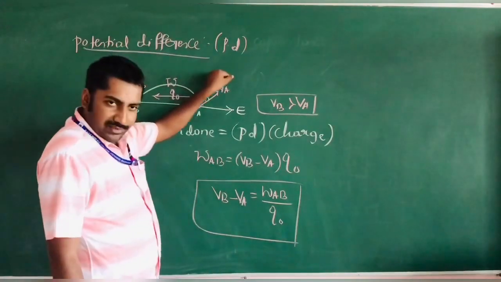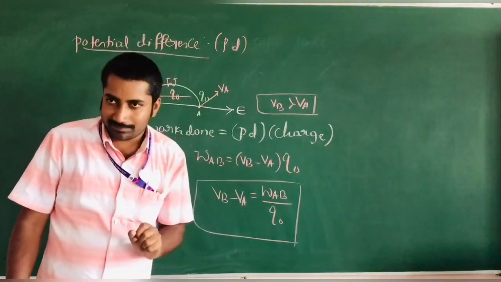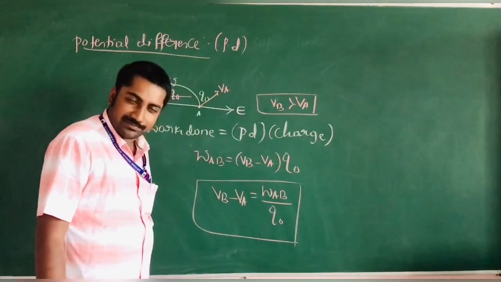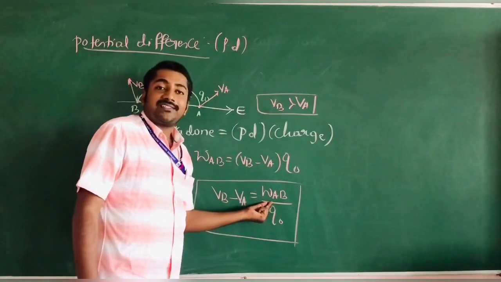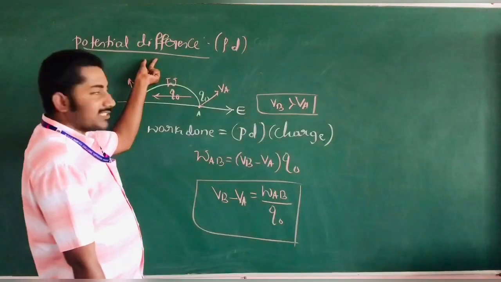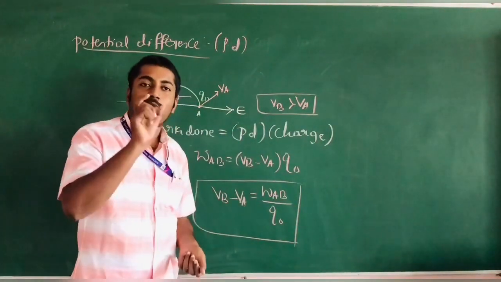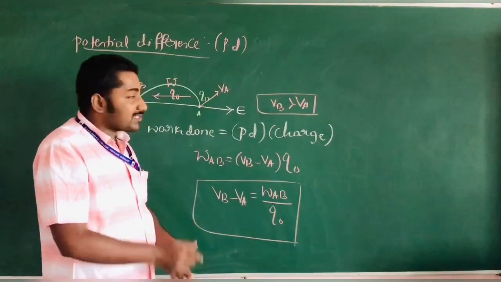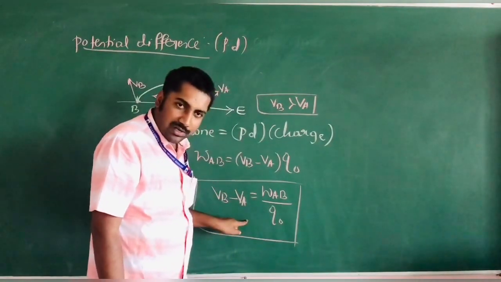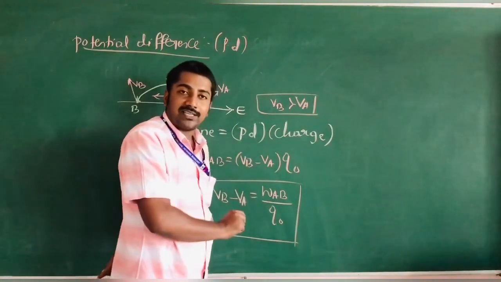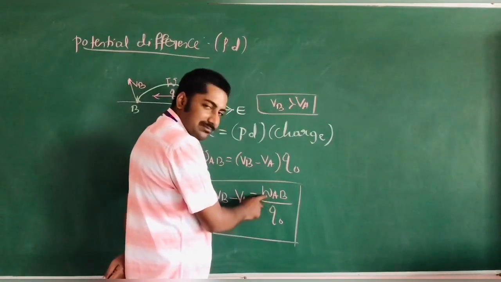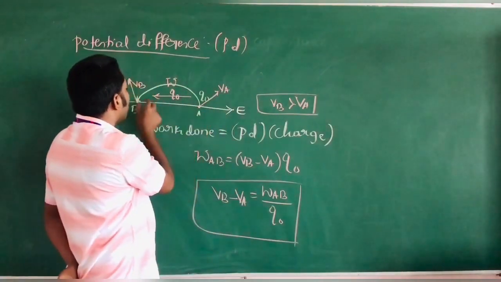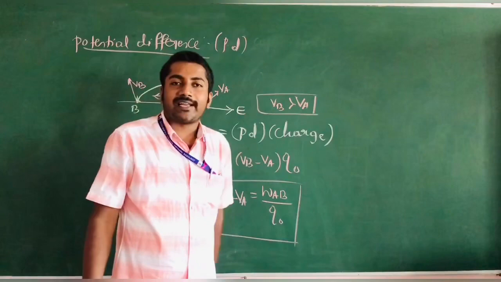The potential difference in an electric field is said to be 1 volt when 1 joule of work is done. The SI unit of potential difference is the volt. 1 joule of work is done when 1 coulomb of charge moves from one point to another against the direction of the electric field.